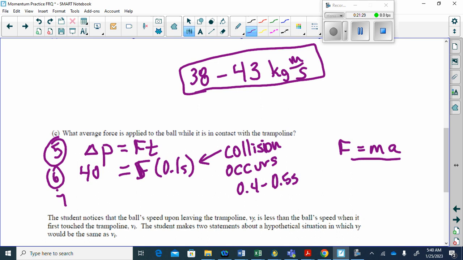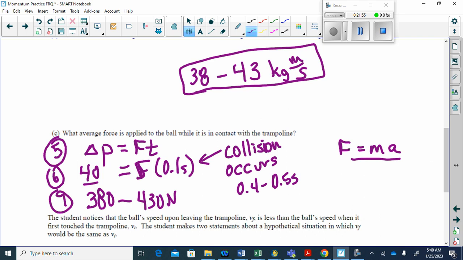And the last point is finding some kind of force value. If I had this answer, I would have 400, but again, somewhere between 380 and 430, depending on this answer. And so that is part C.